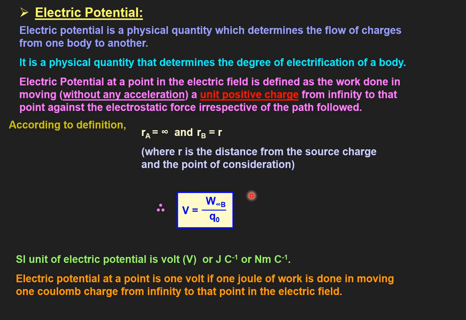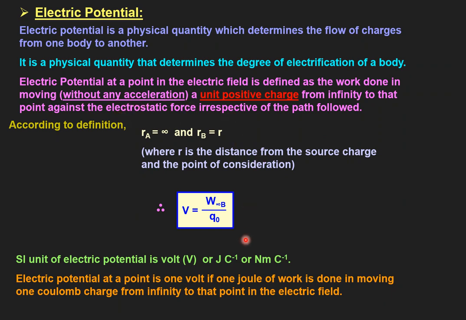Electric potential at a point is 1 volt. How can we define this using the expression? Replace every physical quantity by its SI unit and put unity everywhere: 1 volt, 1 joule, 1 coulomb. So the electric potential is said to be 1 volt when 1 joule of work is done in bringing 1 coulomb of charge from infinity to a given point in the presence of an electrostatic force or field.